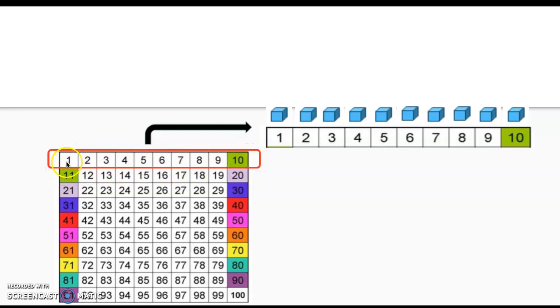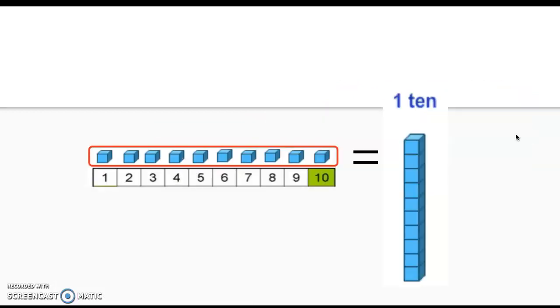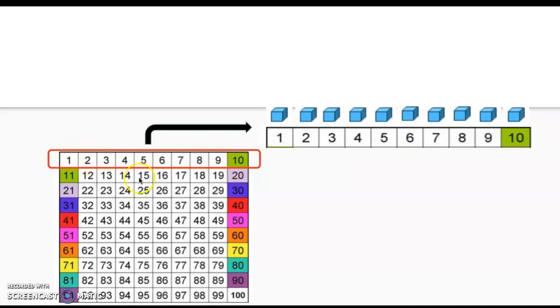I can think of each box in the hundreds chart as 1. If there are 10 ones in that first row, how many are there altogether? There's 10. So we can think of those 10 ones as being 10. That way I know each row in the hundreds chart makes a 10.